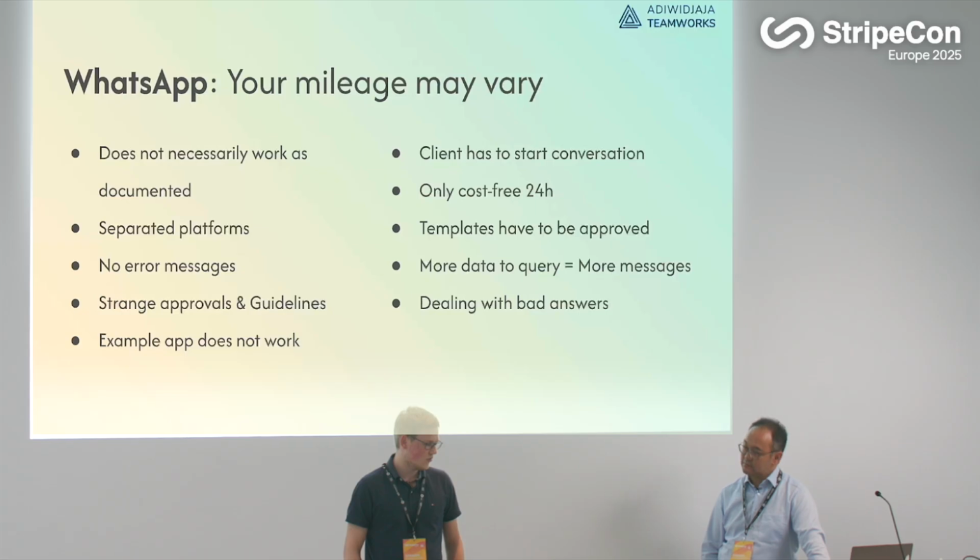Then we started conversations with clients, and we as a company cannot start when we don't have a number. So that's one of the things you have to remember when you're using WhatsApp. The clients have to write us first, and then we are allowed to write back within 24 hours. And this is cost-free.